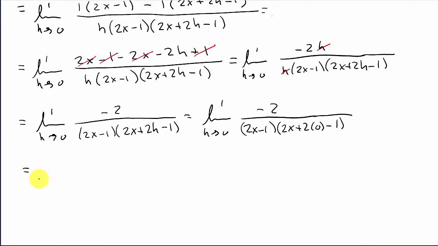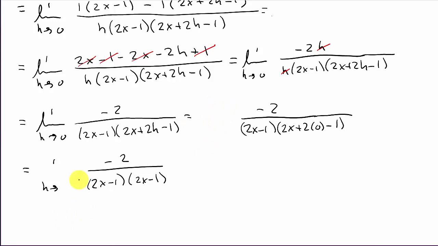That gives us negative 2 over 2x minus 1 times, and this is 0, so that just leaves 2x minus 1. Oh, I'm sorry, we don't have the limit here anymore, do we? Because we plugged 0 in for h, the limit is gone. I had a brain freeze.